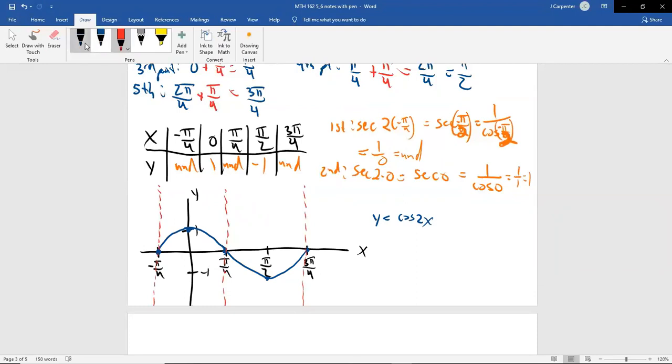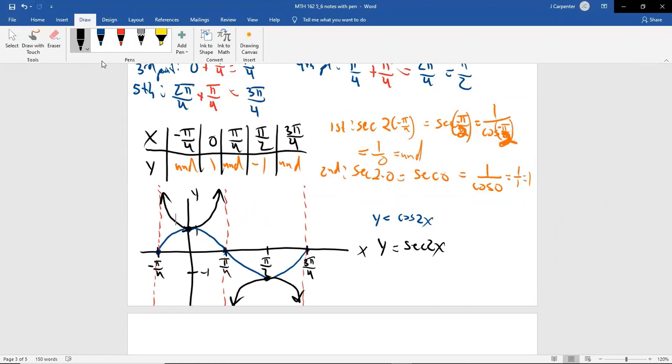And then in black will be the actual function, y equals secant of 2x. So you have the same heights on the peaks and valleys, and then you just draw little parabola-like shapes inside the asymptotes from there, going up and down appropriately.